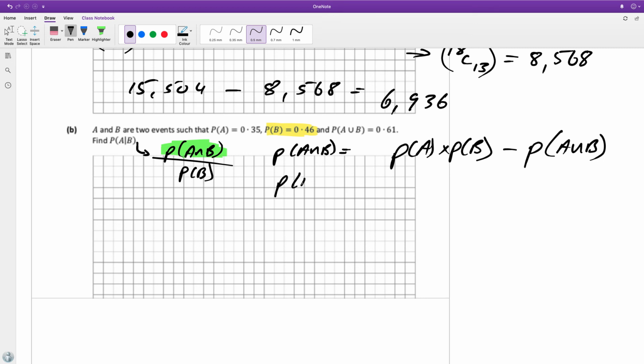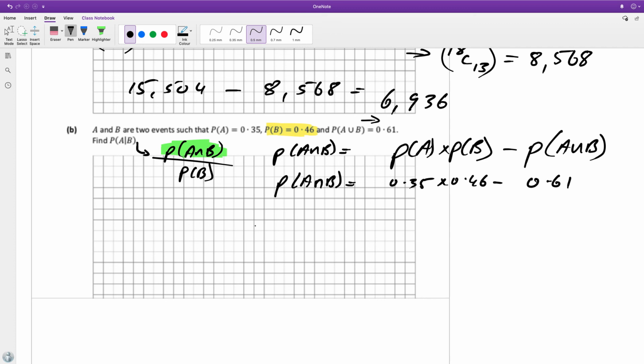Probability of A intersection B is equal to probability of A, which is 0.35, plus probability of B, which is 0.46, minus the probability of 0.61. If they give you that as well, there's no reason for them to give it to you unless it's dependent. If it's independent, it doesn't affect it. So if they give you that, you have to use it.